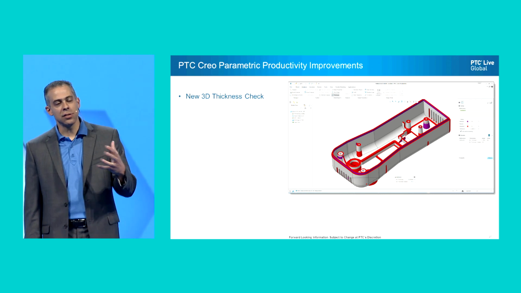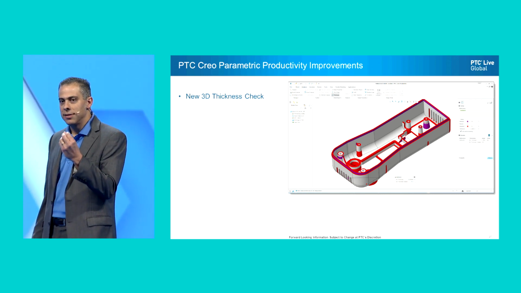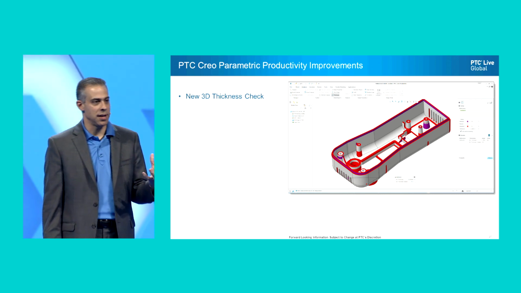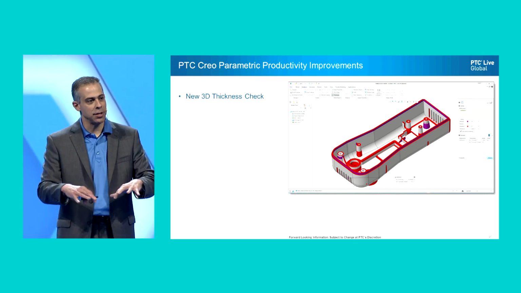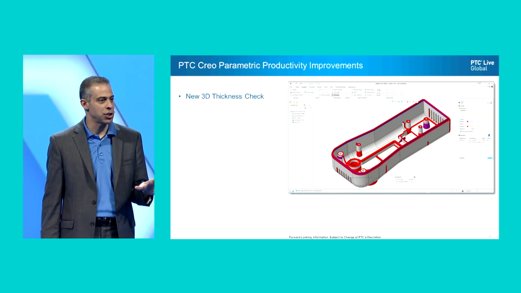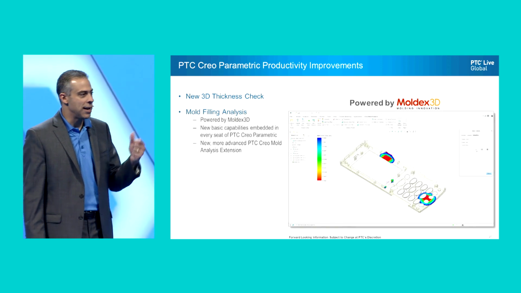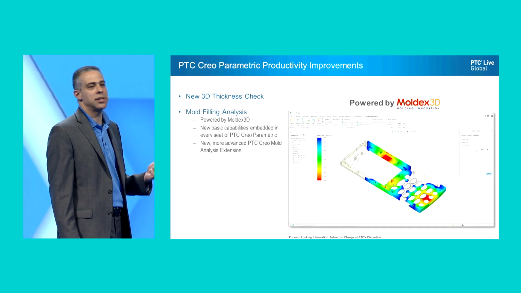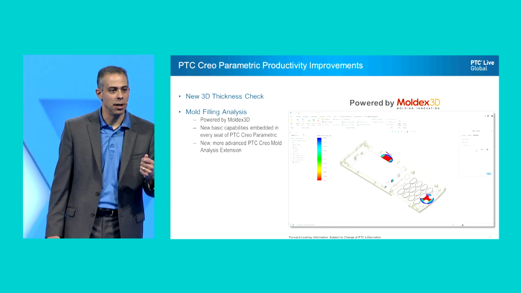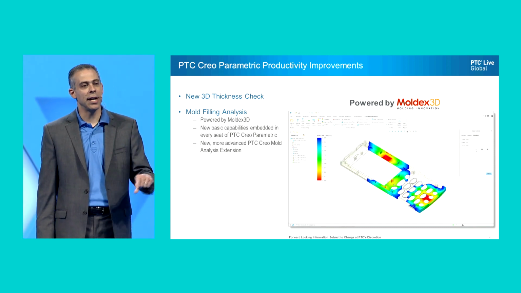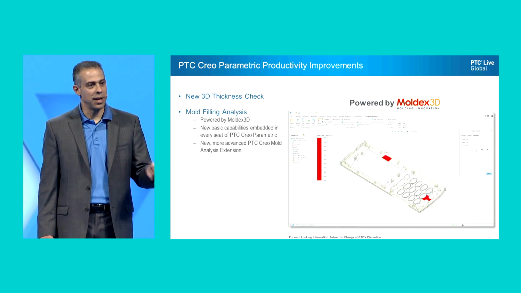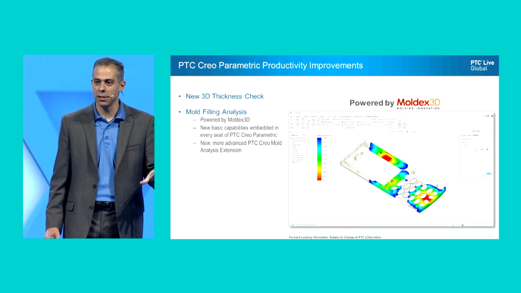We have some nice tools in Creo 3.0 to help you with injection molded part design. First, integrated right into the core of the product is a brand new 3D thickness check. But secondly, and I'm really excited about this, we're announcing a partnership with Moldex 3D. They have integrated mold filling analysis right into the product. Everybody gets basic capabilities.